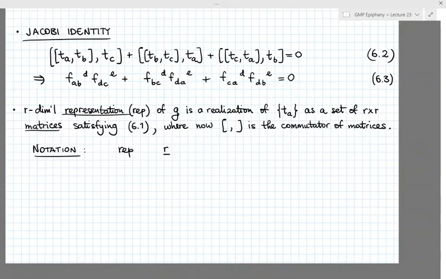For instance, we'll have R, R prime, etc. But I'll use R for the representations, and for the generators of the representations, I'll typically write T_A with a parenthesis R in the subscript to denote that these are the generators in the representation R. If it's clear from the context which representation we are talking about, and this will be clear in particular later on when we discuss and use the fundamental and the adjoint representation, I might omit specifying which representation we are talking about, but otherwise and certainly today I'll try to be explicit about which representation we're talking about.